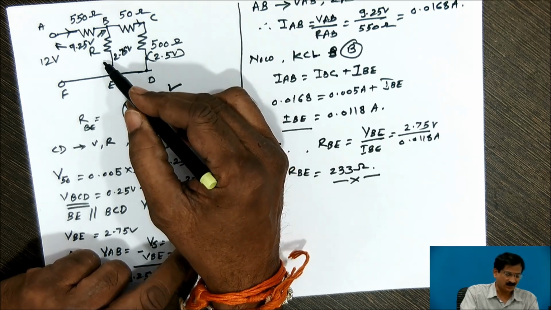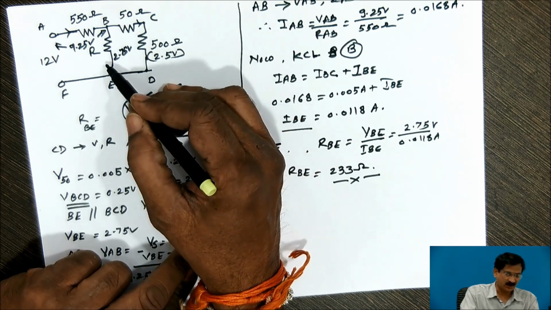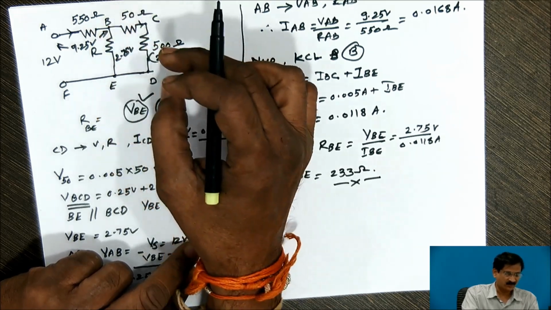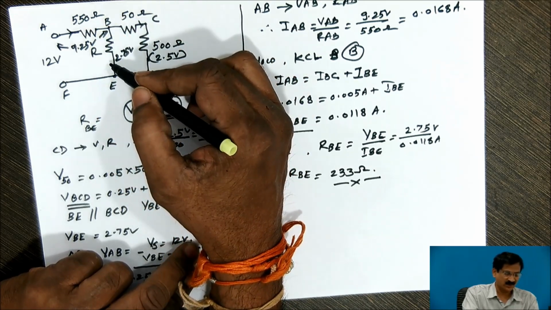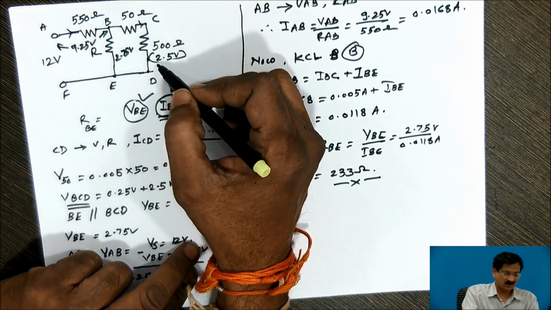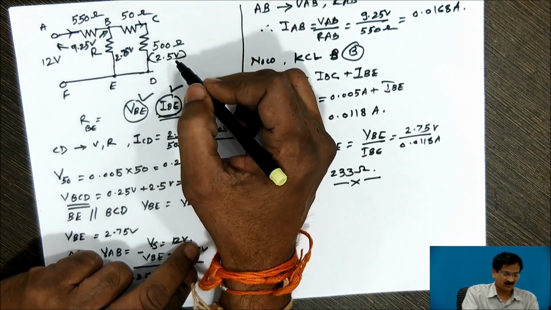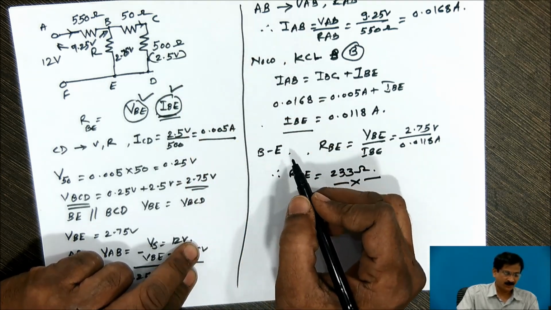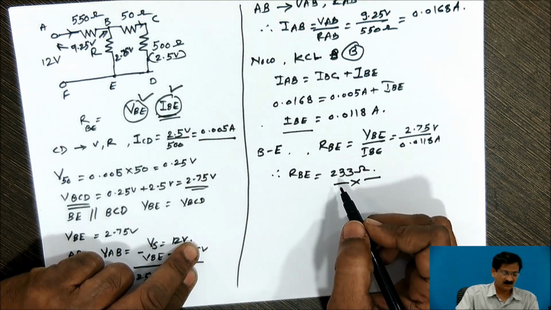To find out the unknown resistance, as a summary, we must know the drop across it, as well as the current flowing through this unknown resistance. That's why we started from that branch, the CD branch, where more information is given, 2.5 volts as well as 500 ohm.